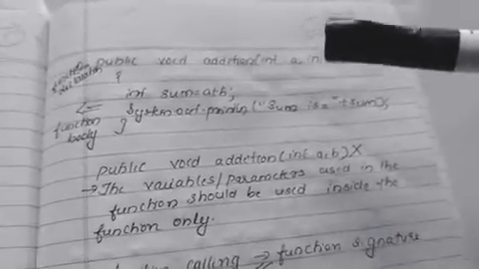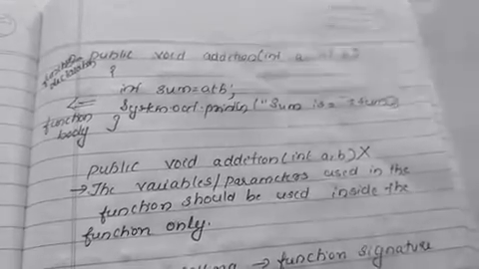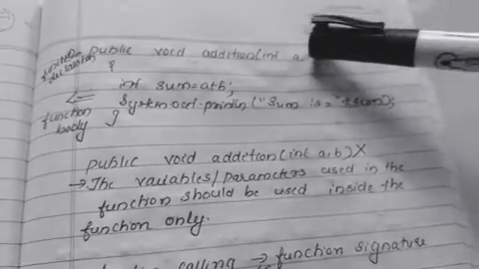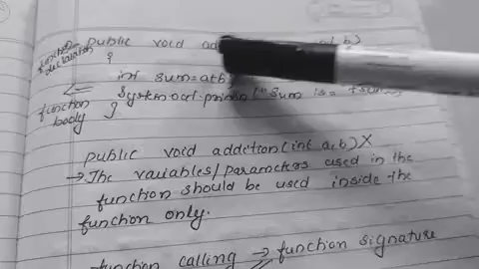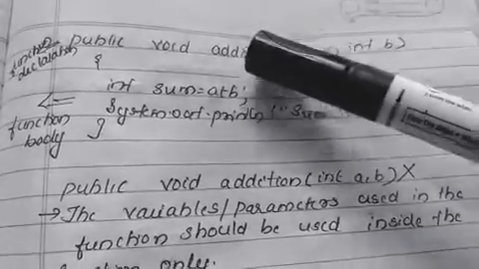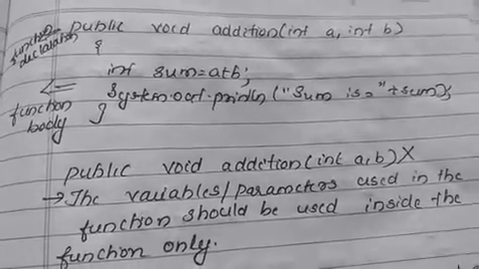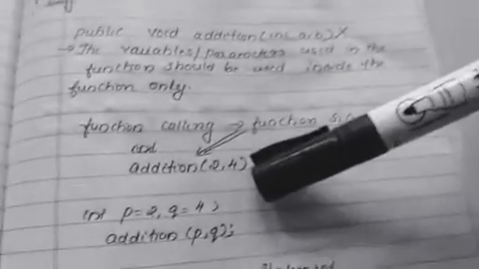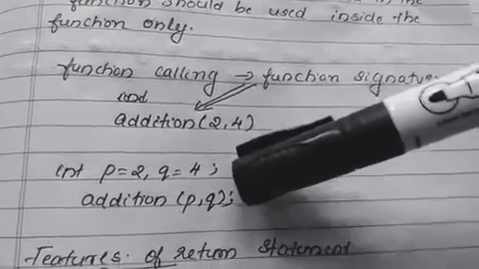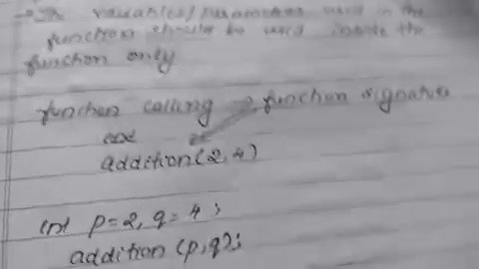The reason is that a and b are the variables declared for the function addition, so the scope of these variables only belongs to this function. These variables can't be used outside the function. So while calling the function, give separate names. I hope it's clear to you. We have already studied all these things. So this is about function declaration.